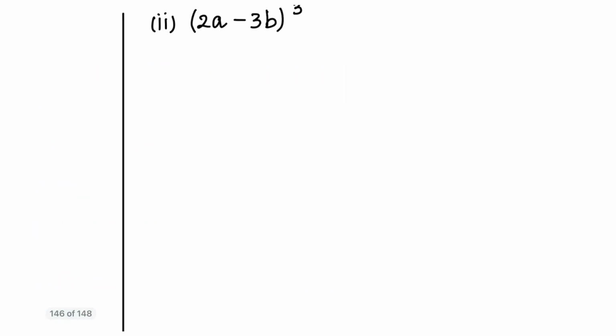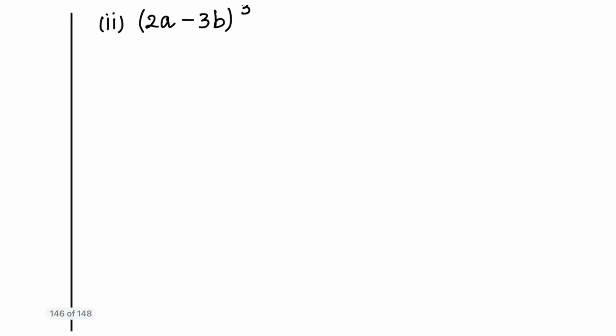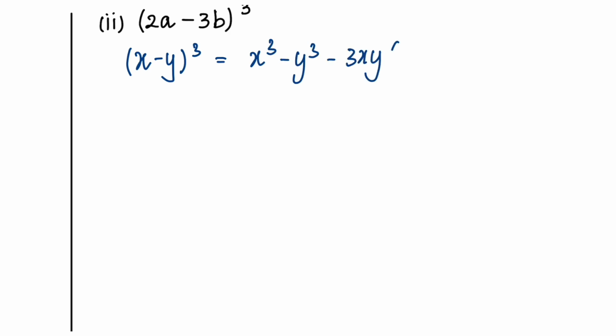Okay, moving on to the next subdivision here. 2a minus 3b the whole cube. Again, it's going to use the identity x minus y the whole cube, that is equal to x cube minus y cube minus 3xy into x minus y. Just be sure to remember this identity. And x here is 2a and y here is 3b.